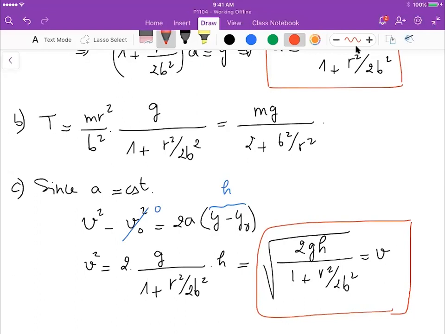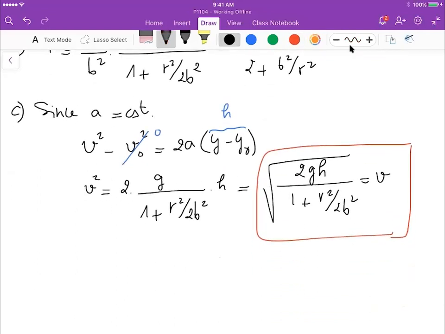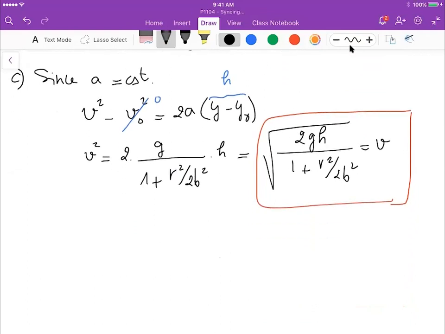Now, a side comment is that we can also, in this case, apply the energy approach in order to deduce the speed of the center of mass by using the principle of conservation of mechanical energy.